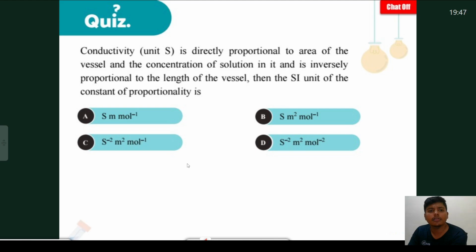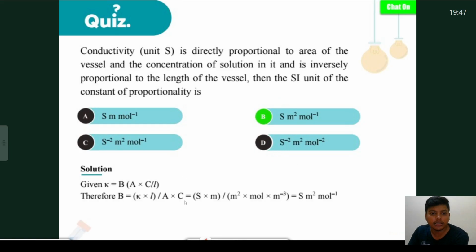So the answer will be in Siemens meter square mole inverse, with whatever constant of proportionality you are taking. Clear? Yes or no?